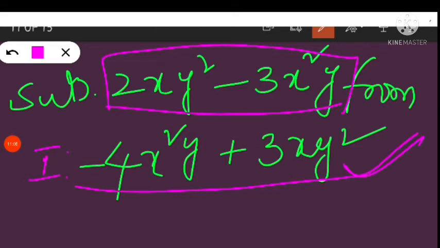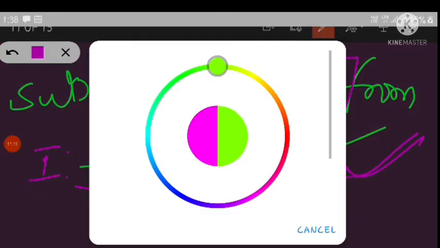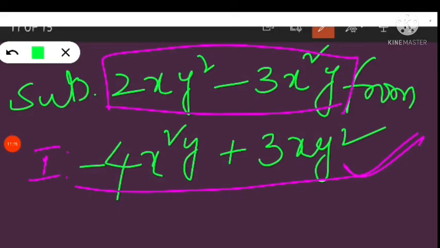So we should write this as first, and below it write the above one as it is. While writing, check whether there are any like terms in the first expression.